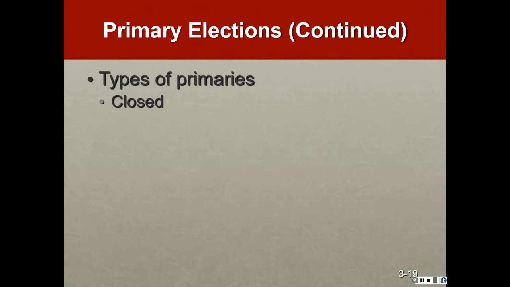If one type of primary is closed, what do you think the other type of primary is? Yeah, it's that simple. It's open. Open primary means that you don't have to be a registered member. You decide that day which primary you want to go vote in.